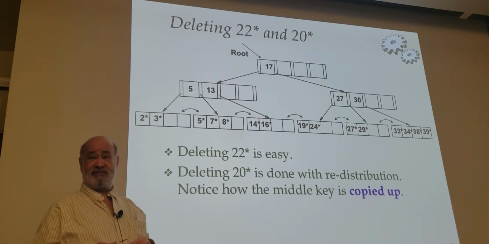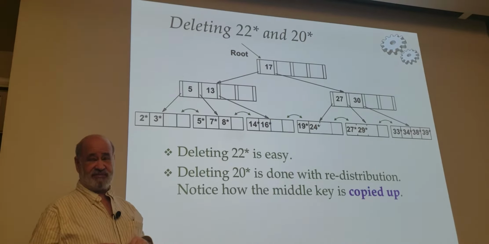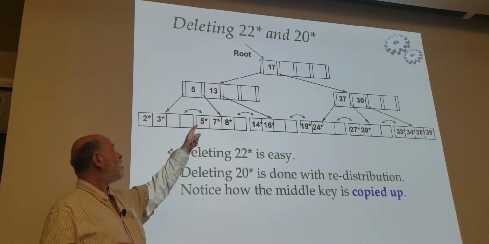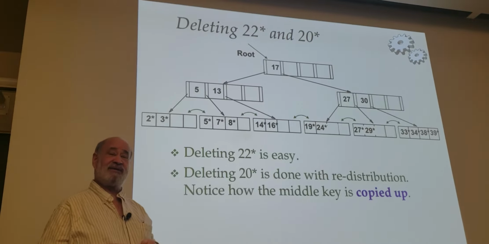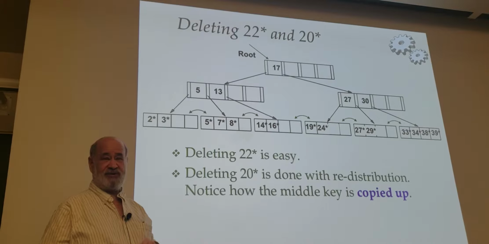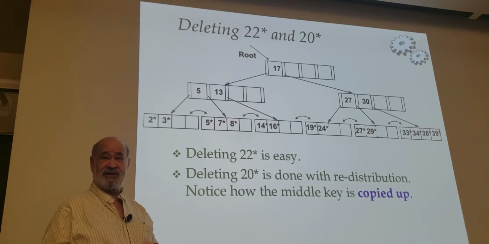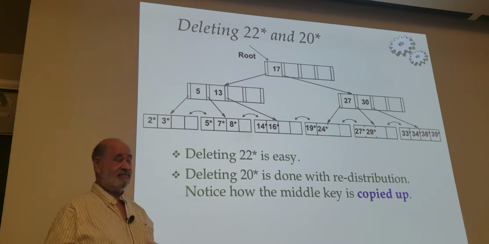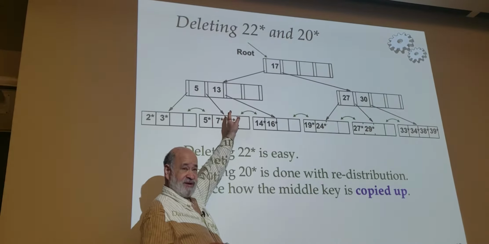So you know what happens? We now only have a 30 at that next higher level. We now only have the 5 and 13 in the sibling. Well, guess what? D plus D minus 1 plus 1 is still less than or equal to 2D. You've got D things here, otherwise we could do the sibling theft.